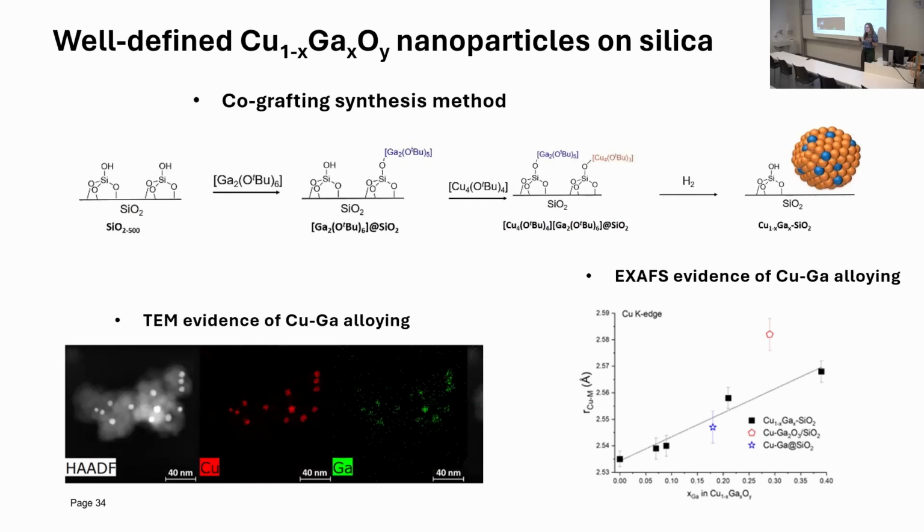So we prepared these materials, which on the surface were probably partially oxidized. Some oxygen could not be removed by anything, so there was always cationic gallium also present.